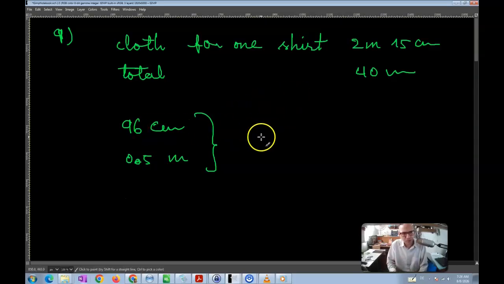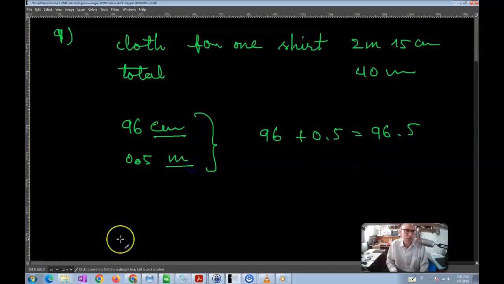If you say 96 plus 0.5, that would be 96.5. And then what is the unit for that? Is it centimeters or meters?